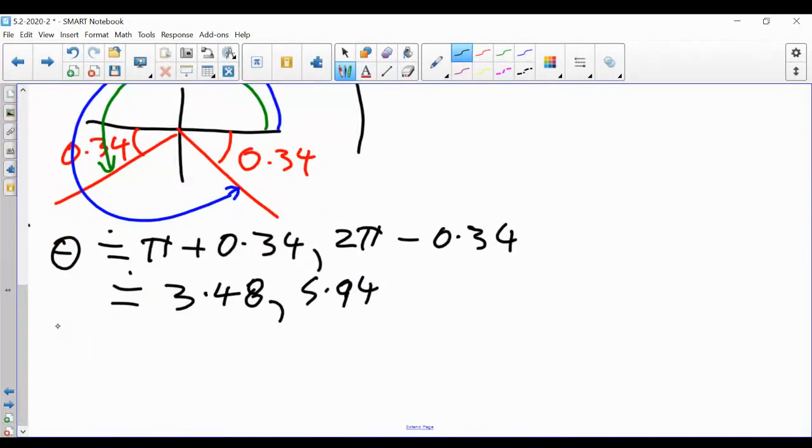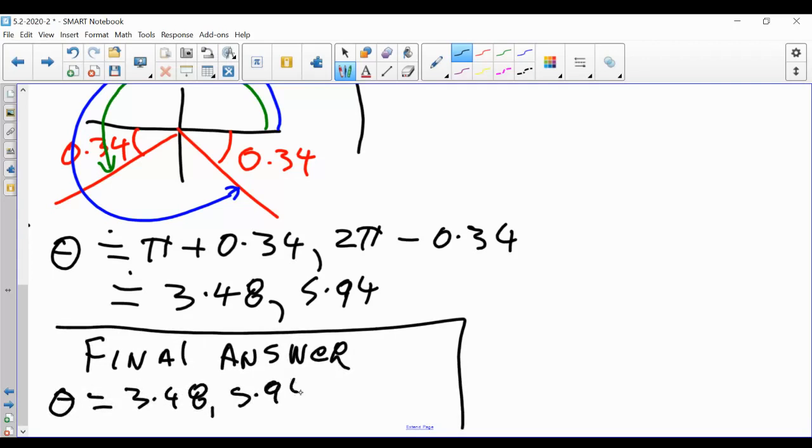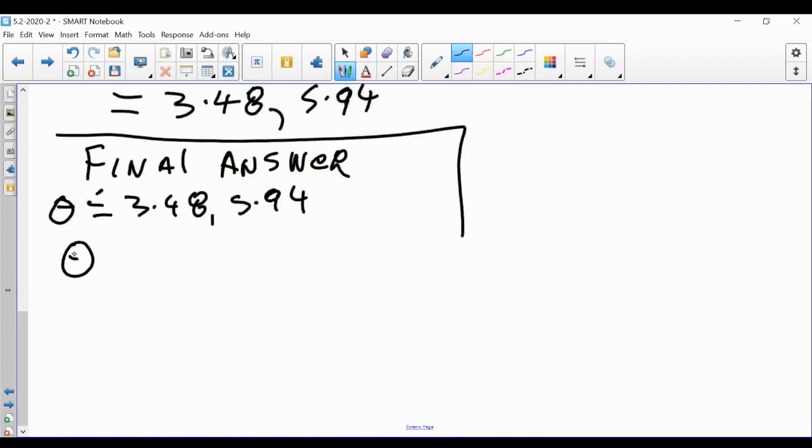So the answer is, put a little box here, put the final answer here, put them all together. My answers are theta is equal to 3.48, 5.94. These are approximate. And theta is also equal to pi over 2.